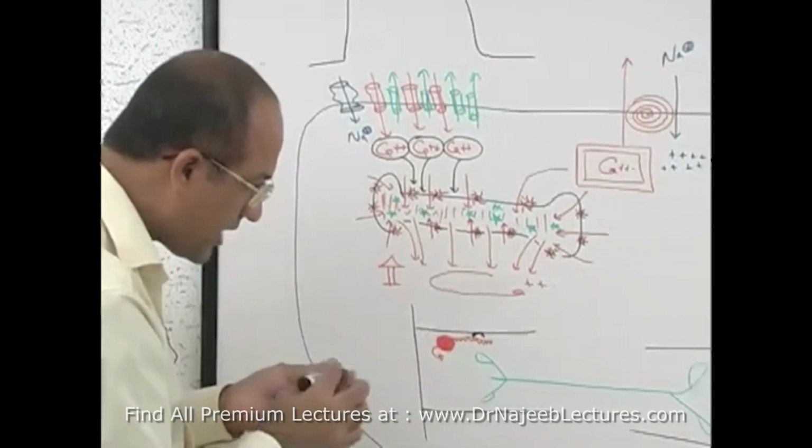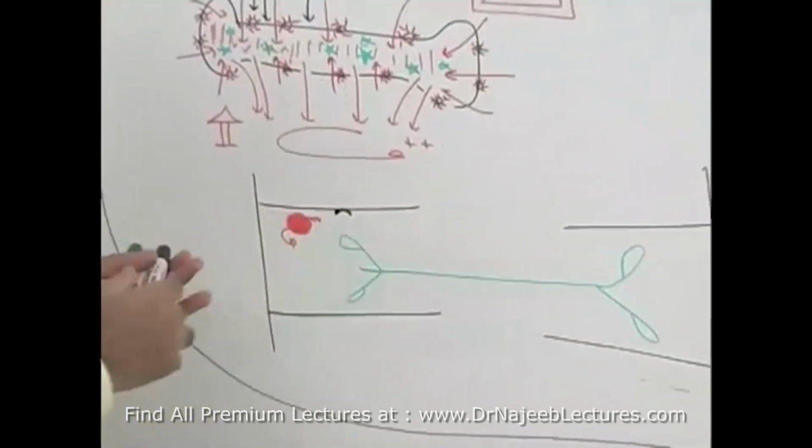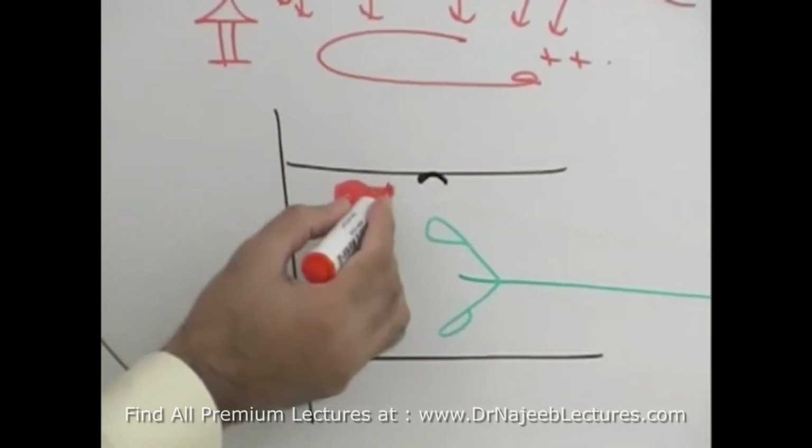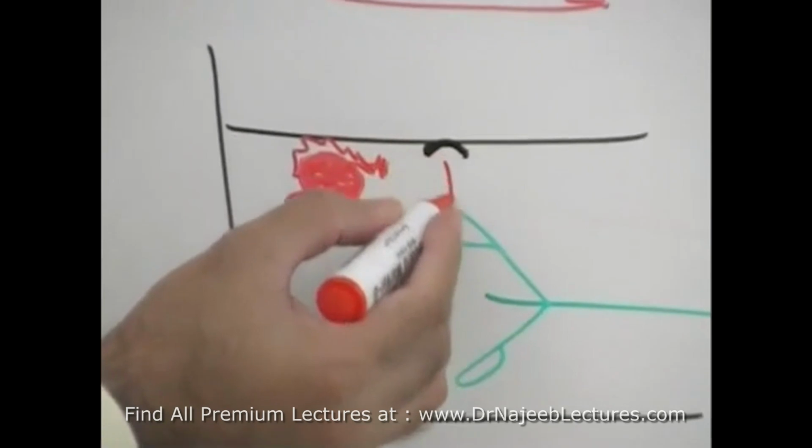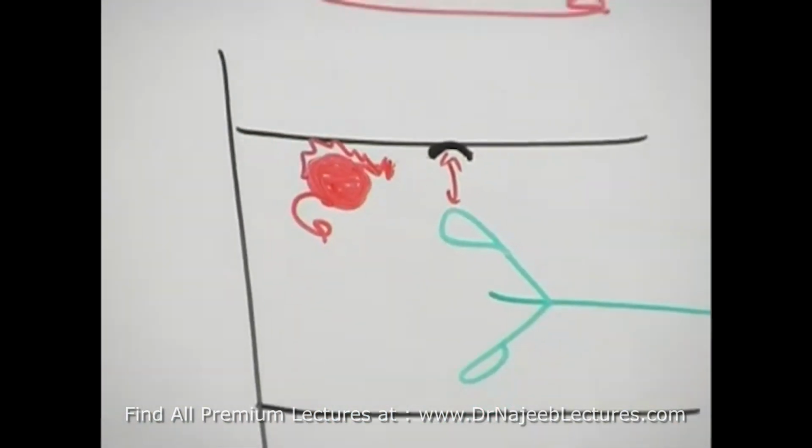So what really happens is that this is pulled away, and when this is pulled away, actin-myosin interaction is more effective and there's stronger contractility. Is that right?